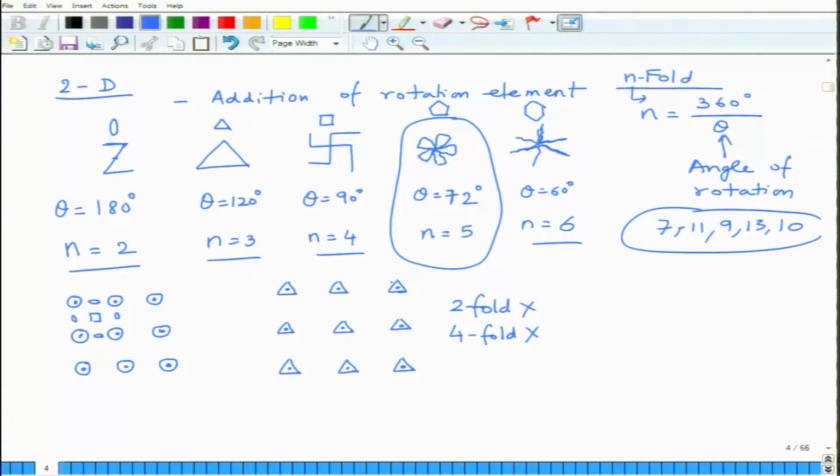The only operation you can perform on this is 1-fold rotational symmetry. So, this is why in crystallography a cube may not be a cube if it does not have elements of symmetry that are specific to cube, which I will come to in a short while. Okay.